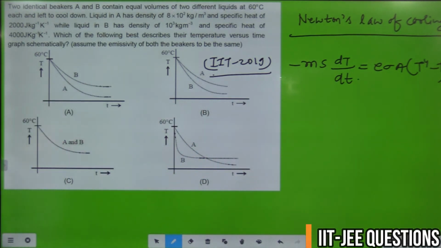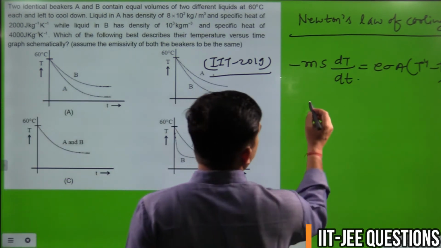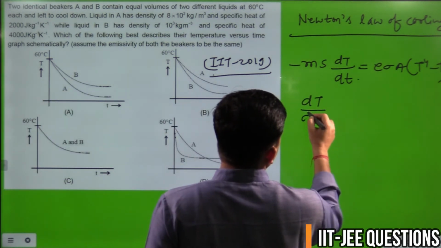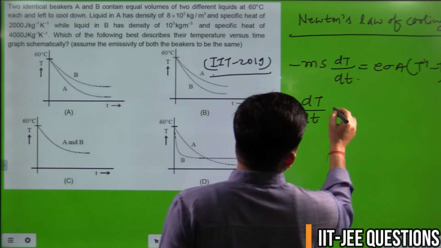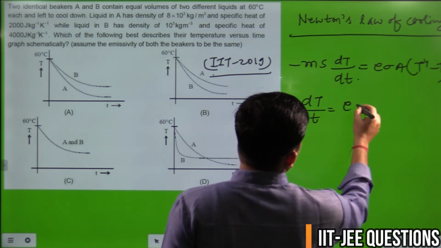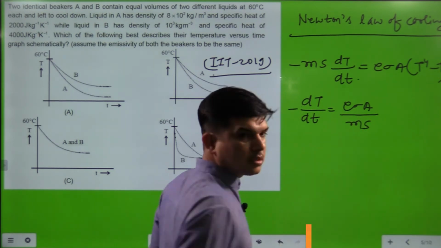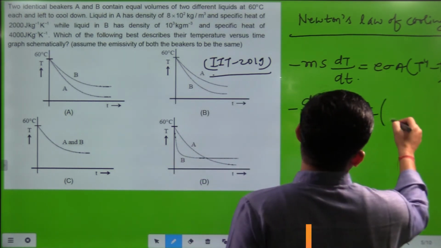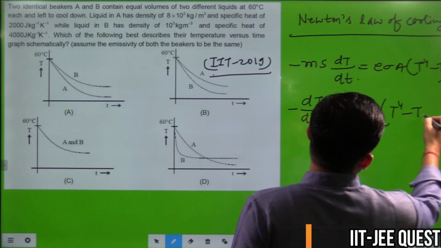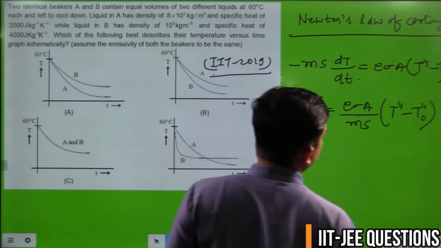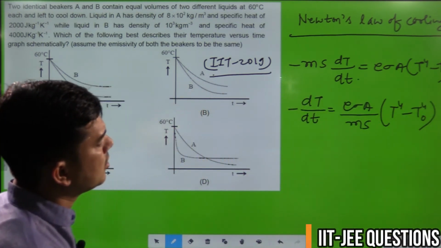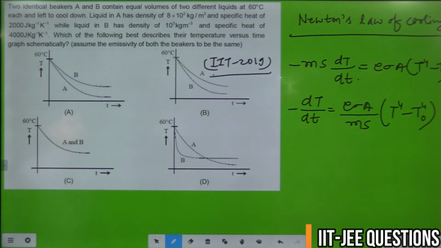Simple equation. dT by dt equals e sigma A upon m s (T to the power 4 minus T naught to the power 4).